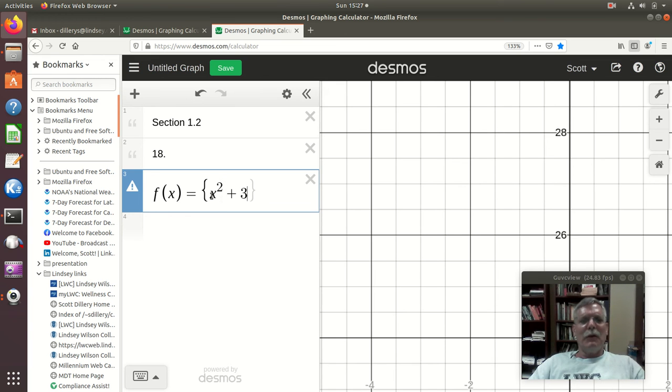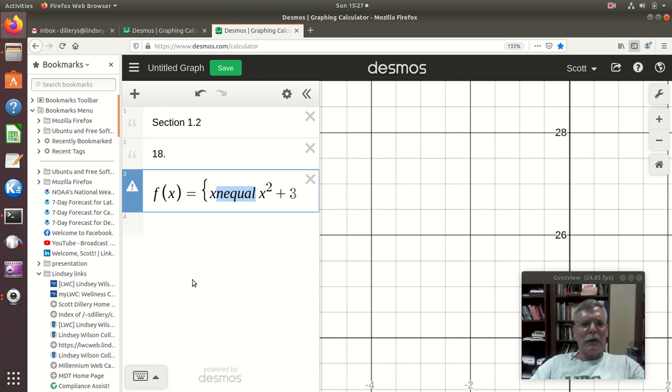But the thing is, I would want to put the condition, but we actually put the condition here first. So I have x not equal to 1. So let's see if I can do that. I don't know that I've ever tried a not equal. Not equal. No. I'm just experimenting.